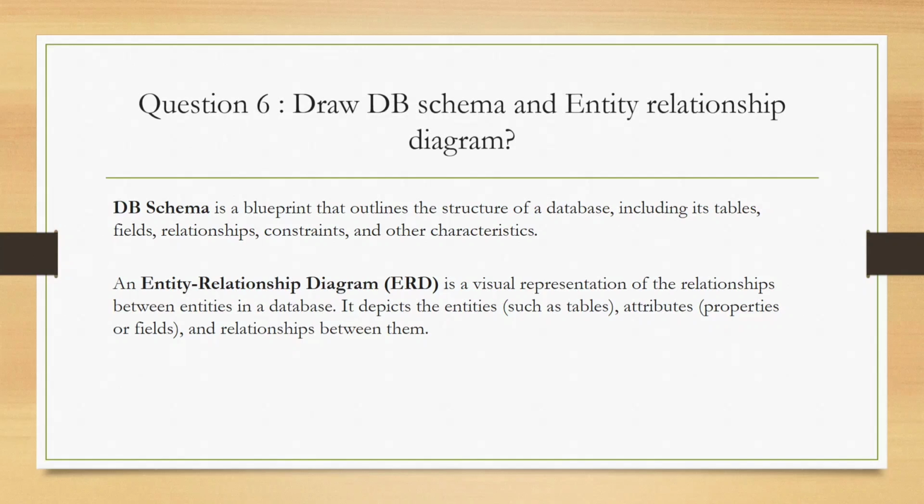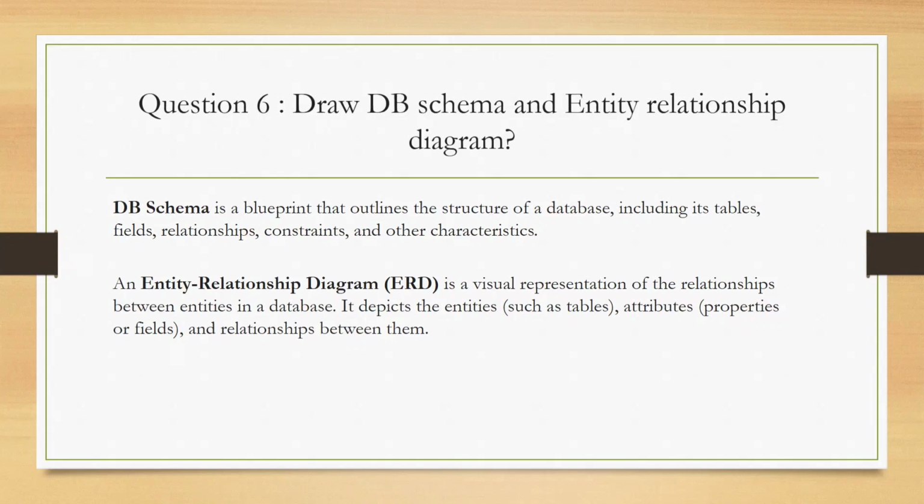So first of all, we need to know about the DB schema. It is a blueprint. It outlines the structure of databases, including the tables, fields, relationships, constraints, and other characteristics.